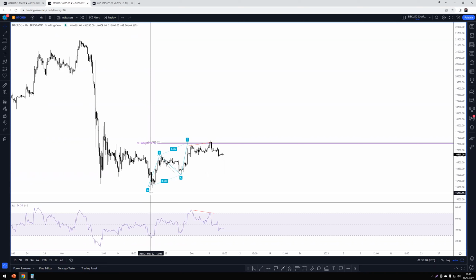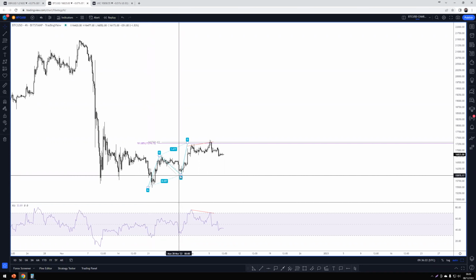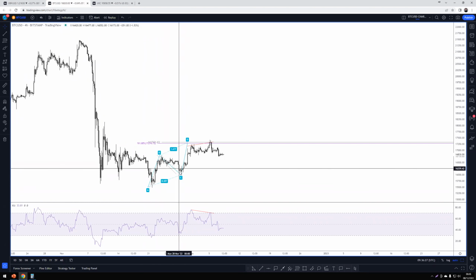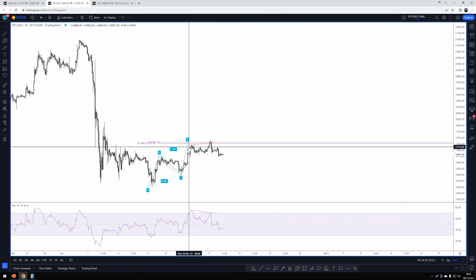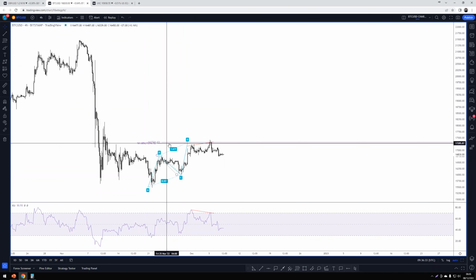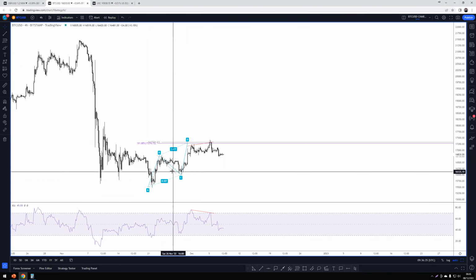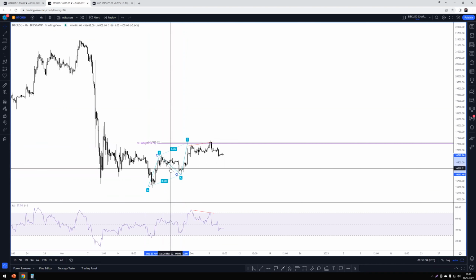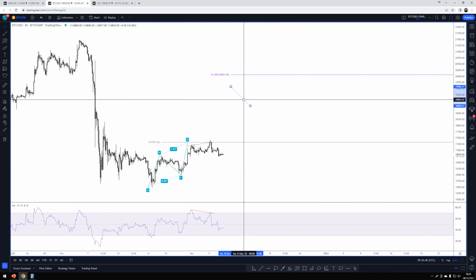All that means is A to B is extended from C to D, but we have reciprocal ratios that complement this 100% projection. Now, this is where the Fibonacci extension comes into play. Let's move this so I can show you.